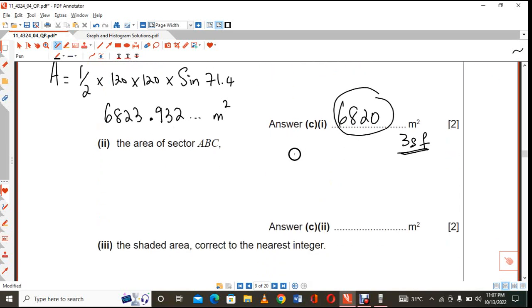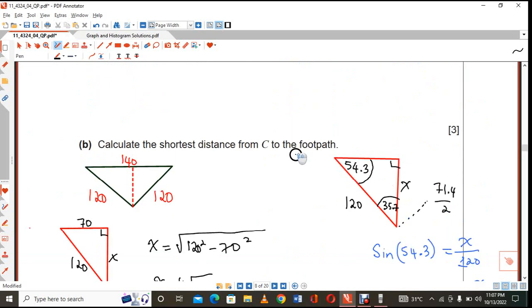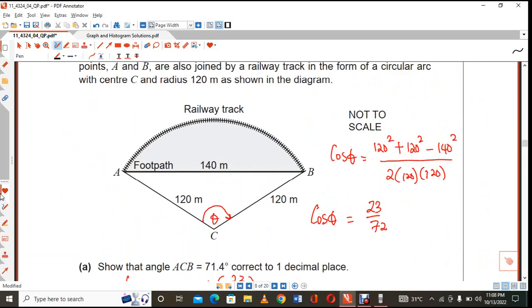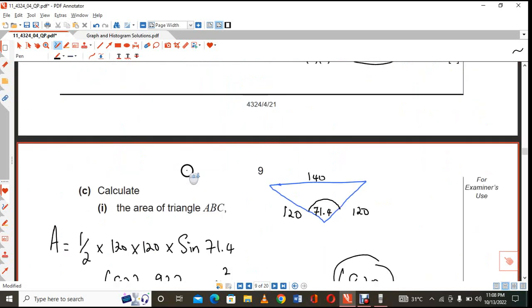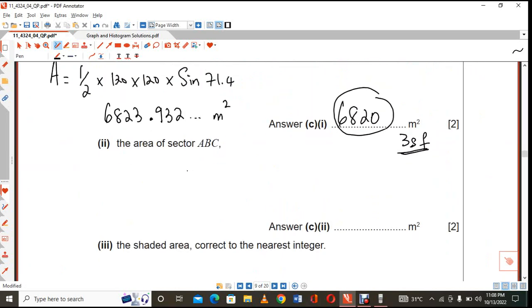Now they want us to find the area of sector ABC. So this is the whole sector, the whole thing here with the triangle within that sector. You are finding the area of the sector, and it is a part of a circle. To find the area of a sector, remember it is the angle over 360 times pi r squared.